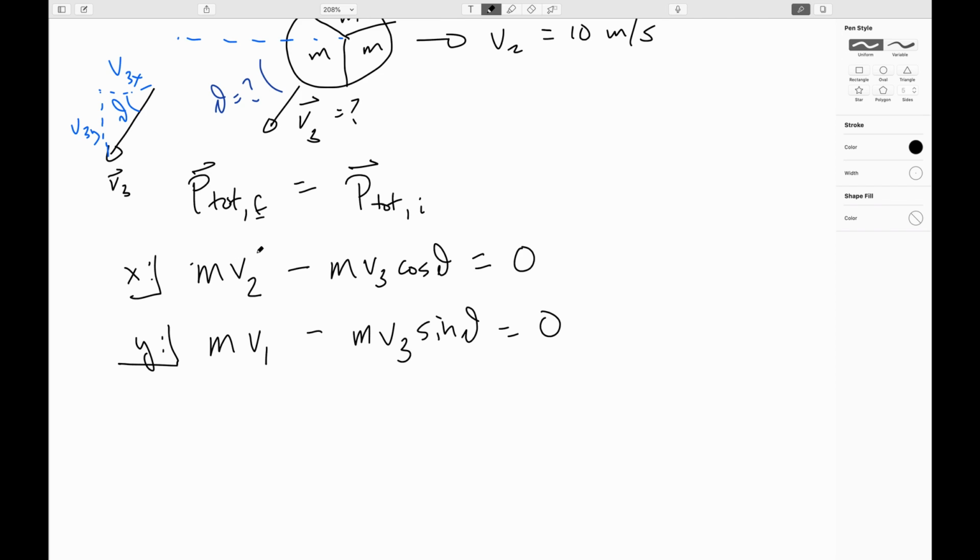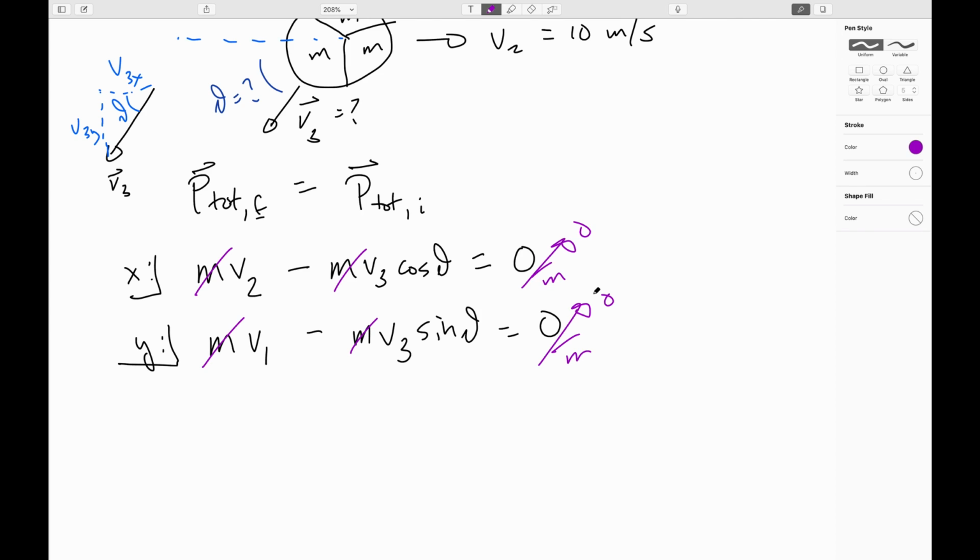First off, we can divide everything through by m in both equations. So m, and of course 0 over m is just going to give me 0. Same thing here, dividing by m there. 0 over m again just gives me 0.